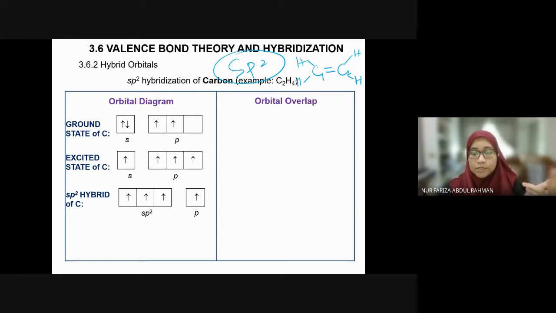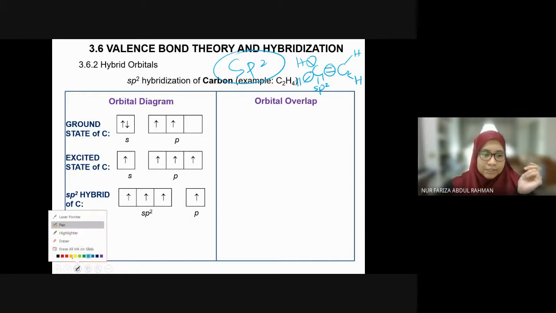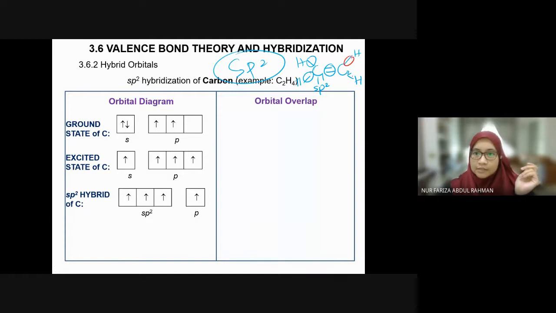So we have to determine the hybridization for C1 will be sp2. 1, 2, 3. How about C2? It is also sp2. 1, 2, 3. So this is sp2. If we have more than 1 central, that means each central should have its own hybridization.